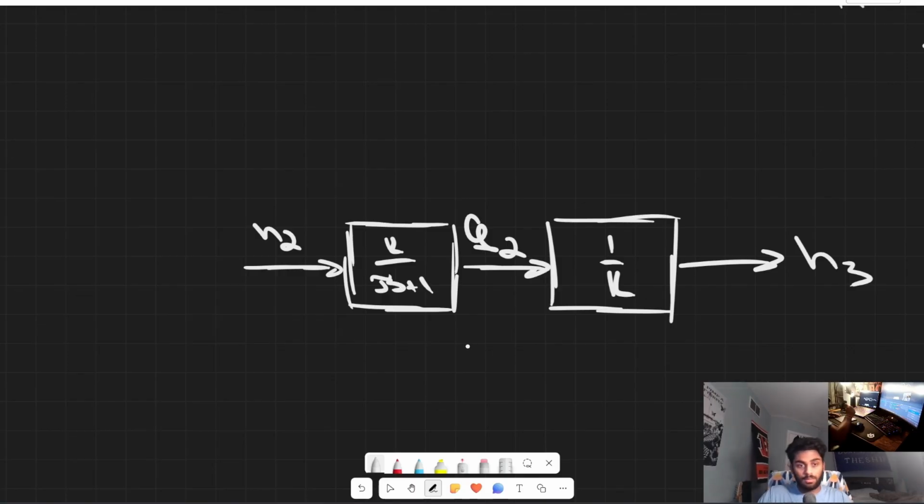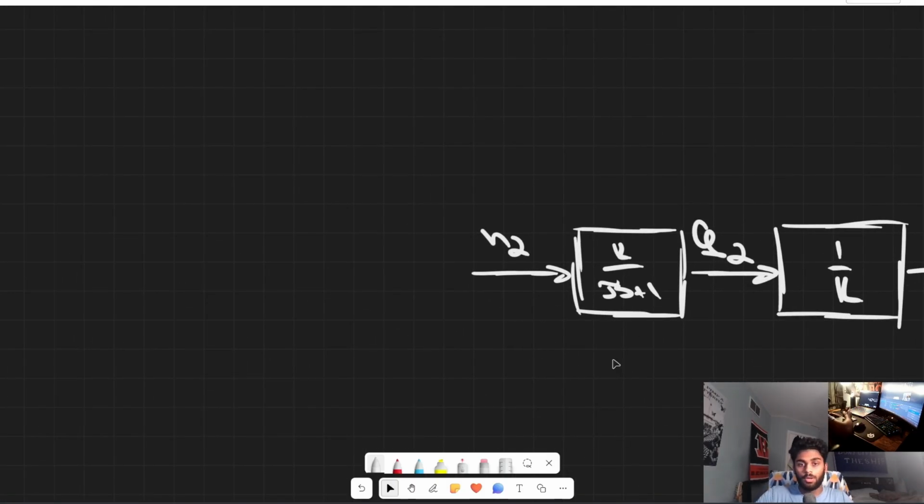And after this, it gets a little bit repetitive, but we will go through it just to check our work as we go along, to make sure we're not making any mistakes. So now we have a Q1 that feeds into our height 2.